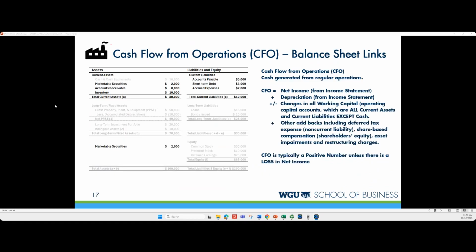Everything else is not applicable to our cash flow from operations. Typically, our cash flow from operations total should result in a positive number because the primary contributor to cash flow from operations is our net income, the income we have generated from our regular business operations. Exceptions would be if we have a loss in net income.